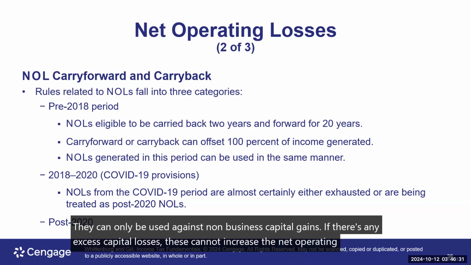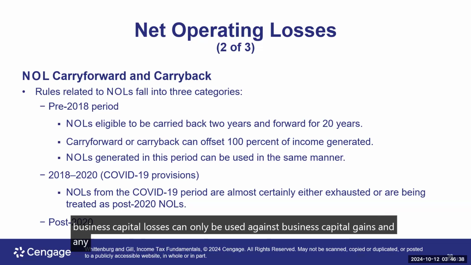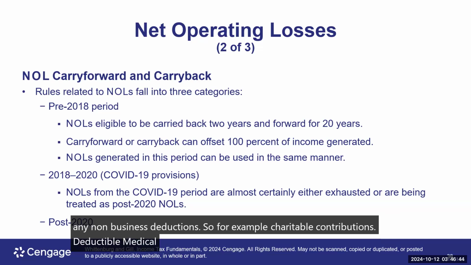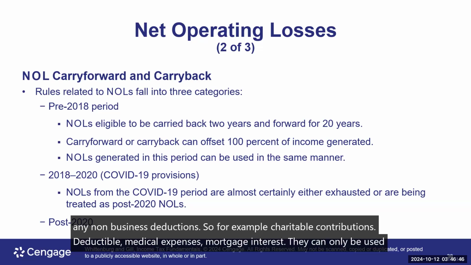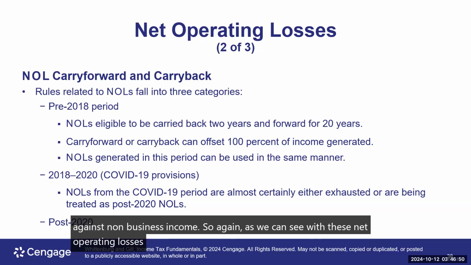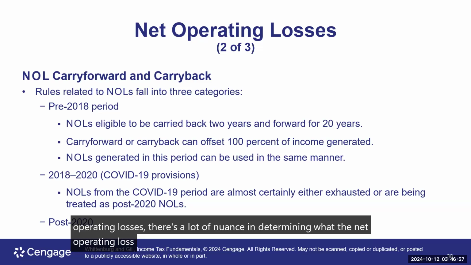Any business capital losses can only be used against business capital gains, and any non-business deductions. So for example, charitable contributions, deductible medical expenses, mortgage interest, they can only be used against non-business income. So again, as we can see with these net operating losses, there's a lot of nuance in determining what the net operating loss is. So here's some rules for the carry forward and the carry back.